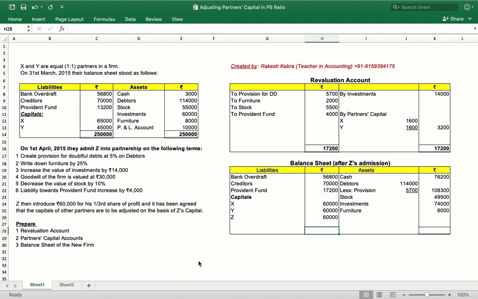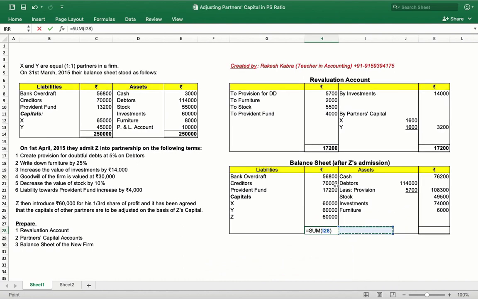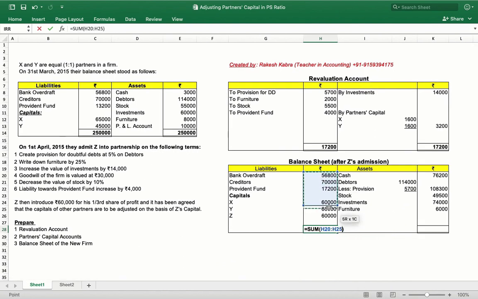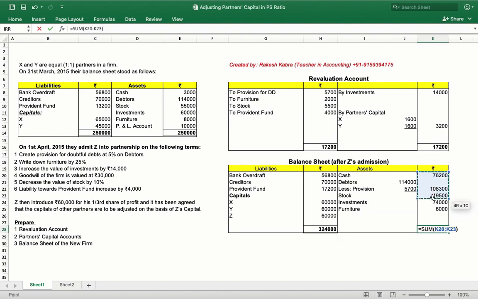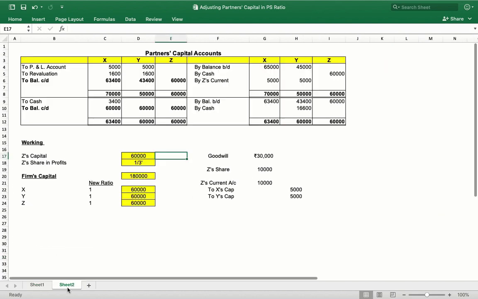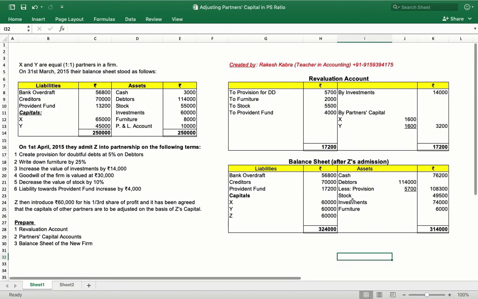Now let's see the total of the balance sheet, and hope it should come equal. On the liability side we got 3,24,000, and now let's see the asset side: 3,14,000. It means 10,000 less. So let's see where we missed rupees 10,000. Yeah, I got it.